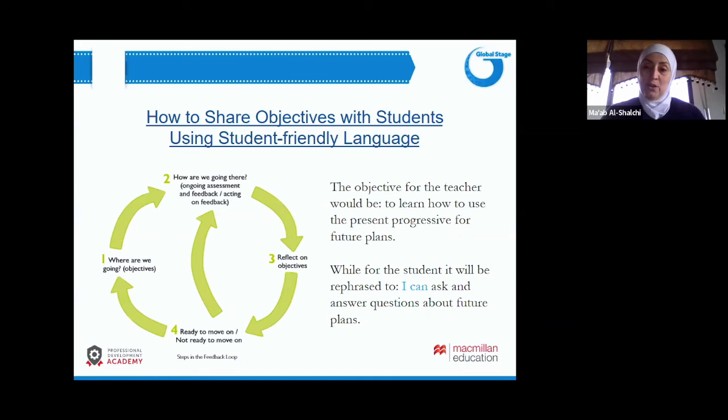They're not intended for students' use in their form. The teacher has to make it sensible to students. Often they need to be rephrased using student-friendly language to focus on learner ability and engaging them in the learning process through motivation.